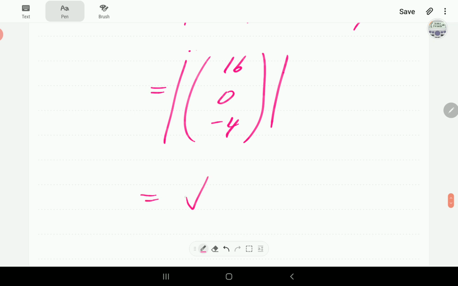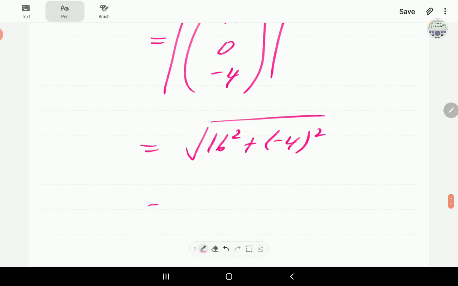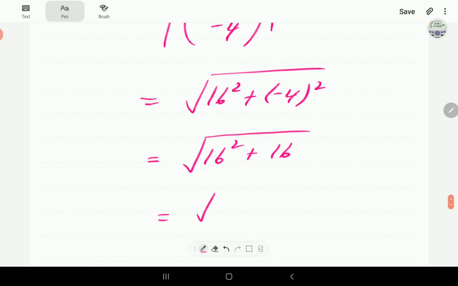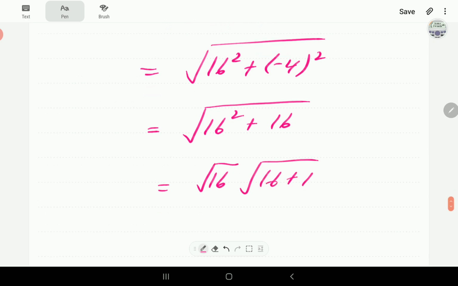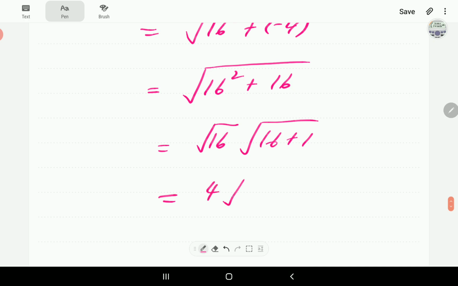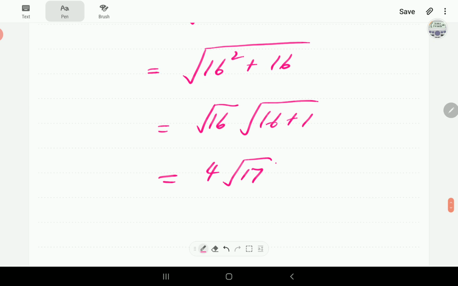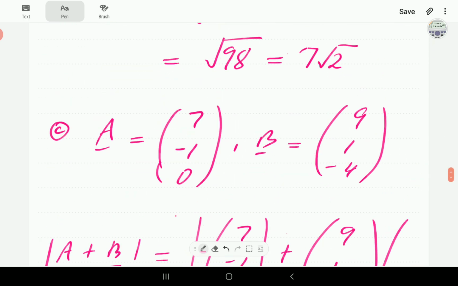Then the magnitude of this is going to be the square root of 16 squared plus 16, which means we can factor out 16 here. I'm going to square root 16 times (16 plus 1). We're going to get 4 square root 17. So that's going to be the magnitude of A plus B.